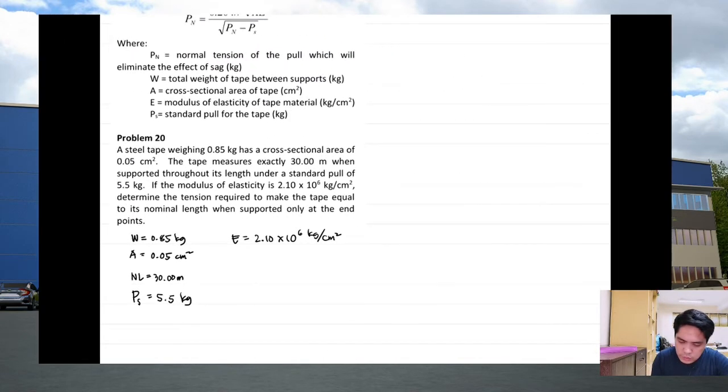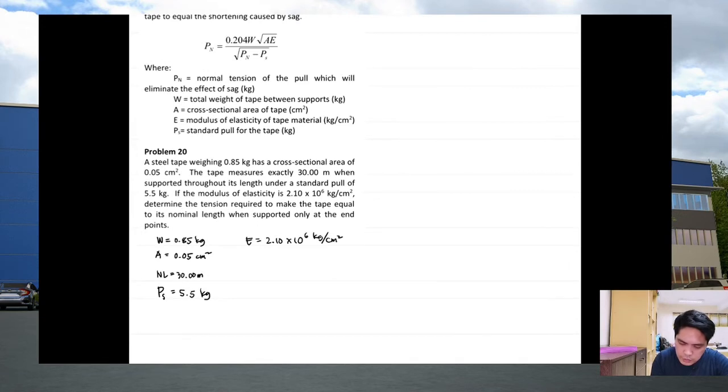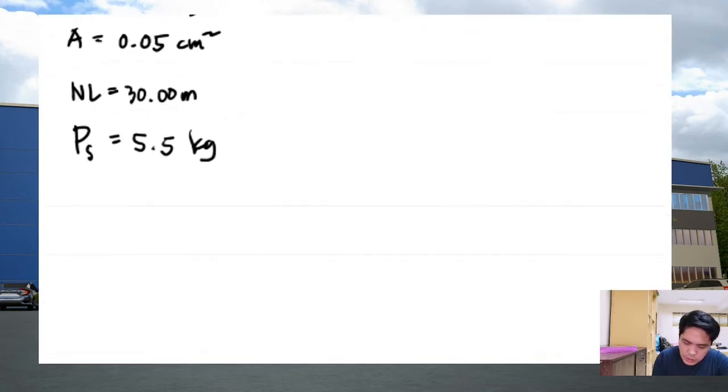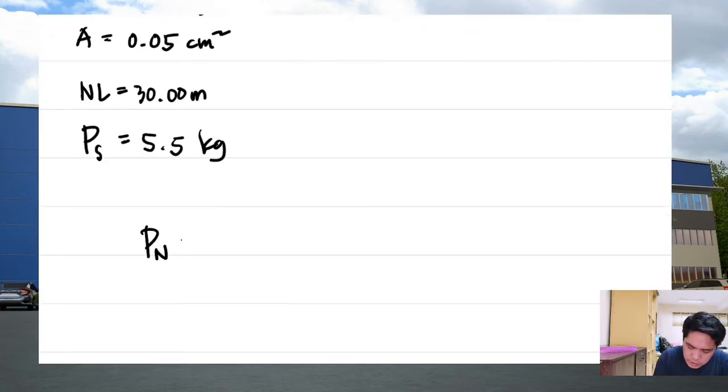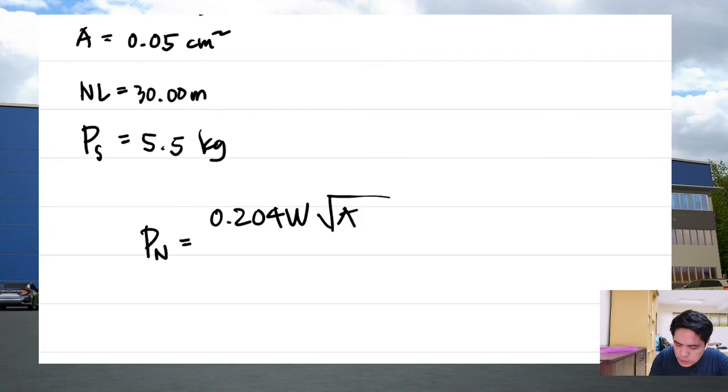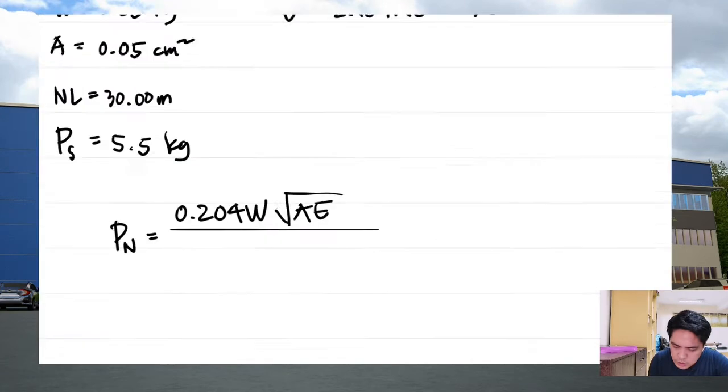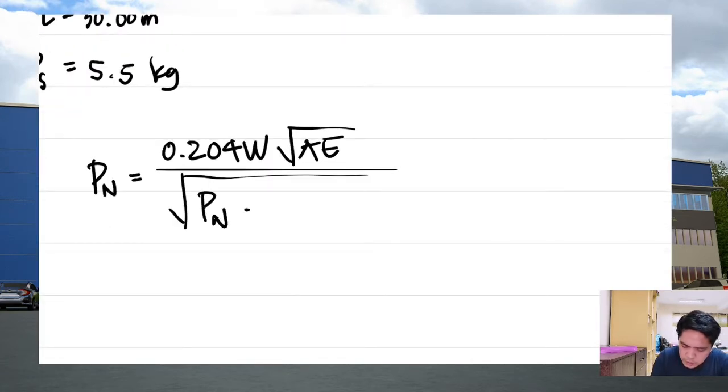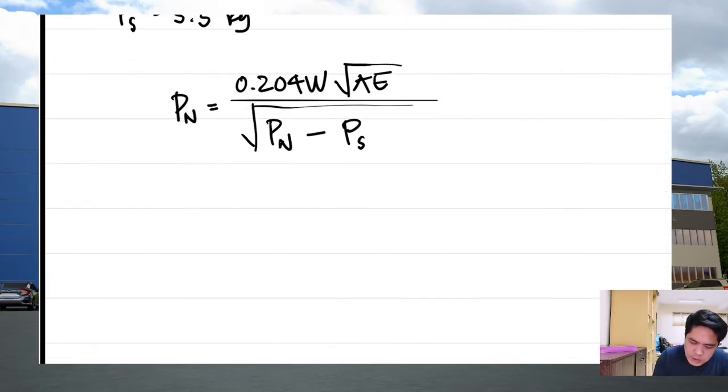Okay, so looking at the formula, we have given na yung W, yung AE, then almost lahat na. So we have P sub n, ito yung unknown, that would be equal. So kopyahan natin: 0.204 W square root of AE, then over, what was it? Square root of P sub n minus P sub S. So therefore, P sub n, that's 0.204.